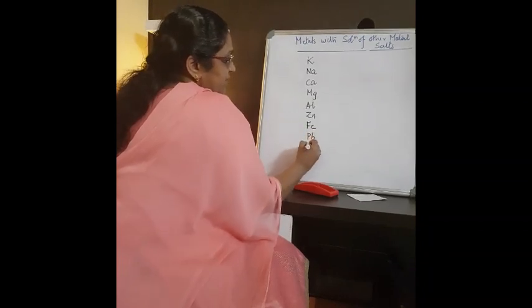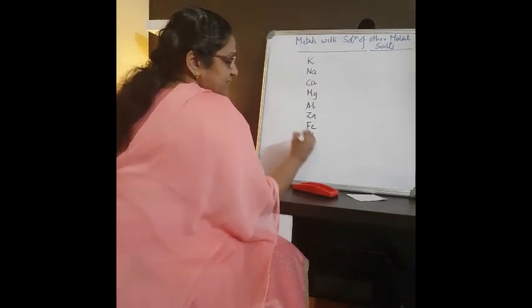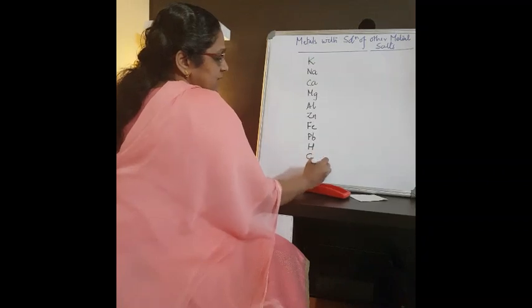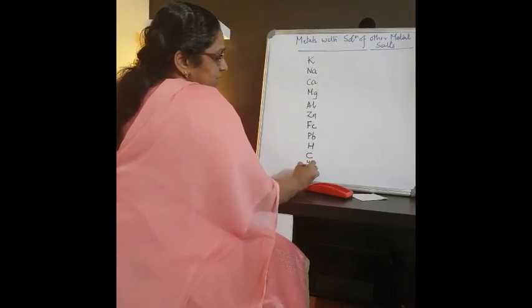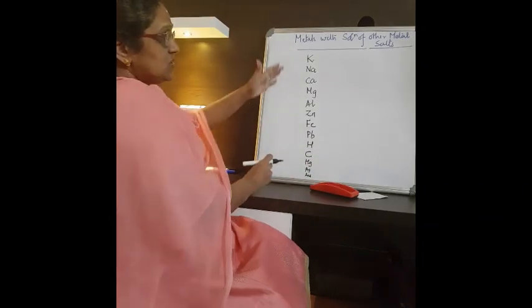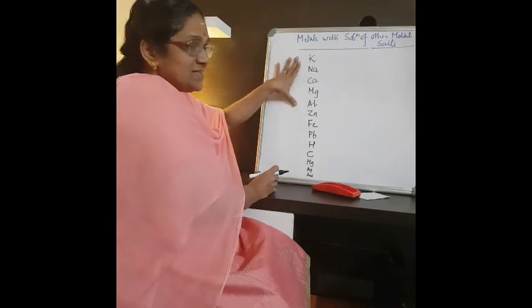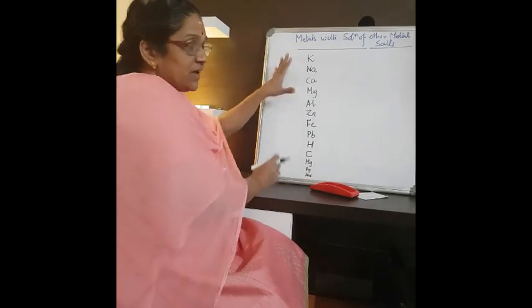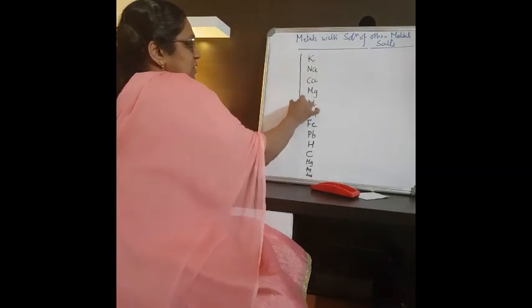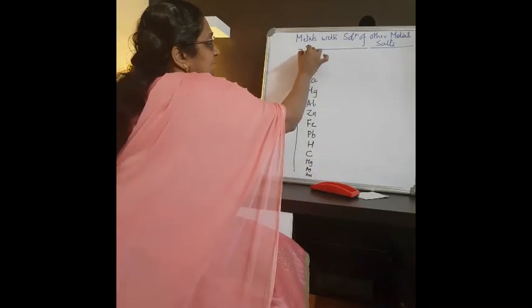If you want, you can write hydrogen here, then copper, then mercury, then silver and gold. There are so many metals that will come in between, but for your 10th standard, this is enough. So this is what you call the reactivity series.